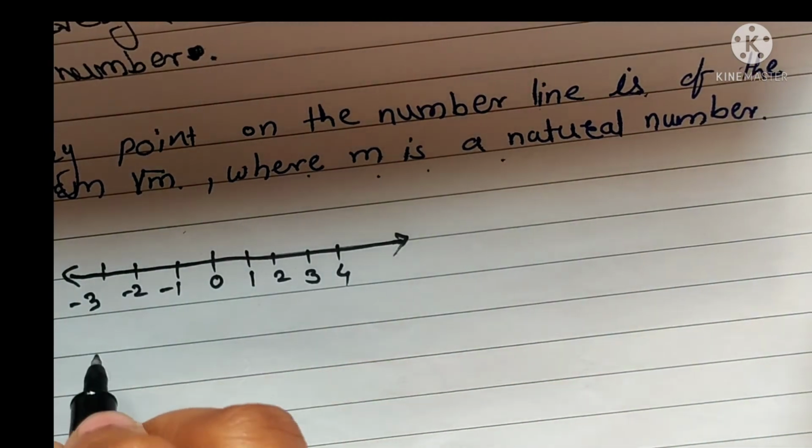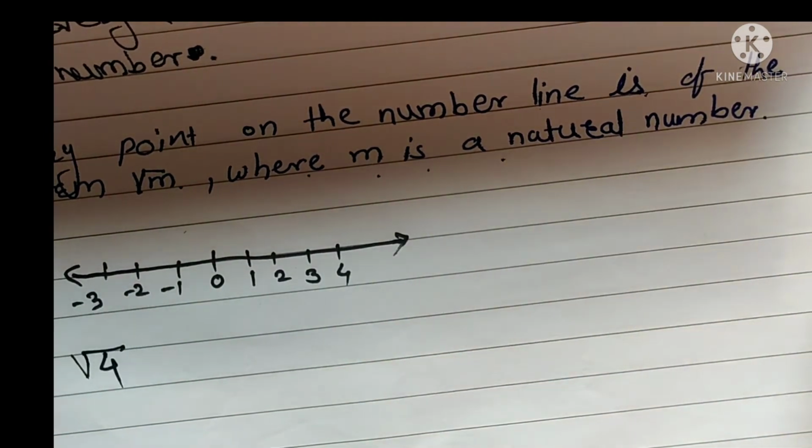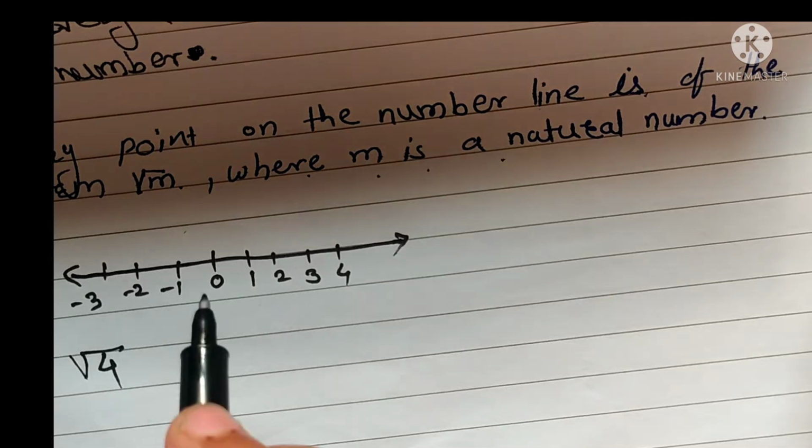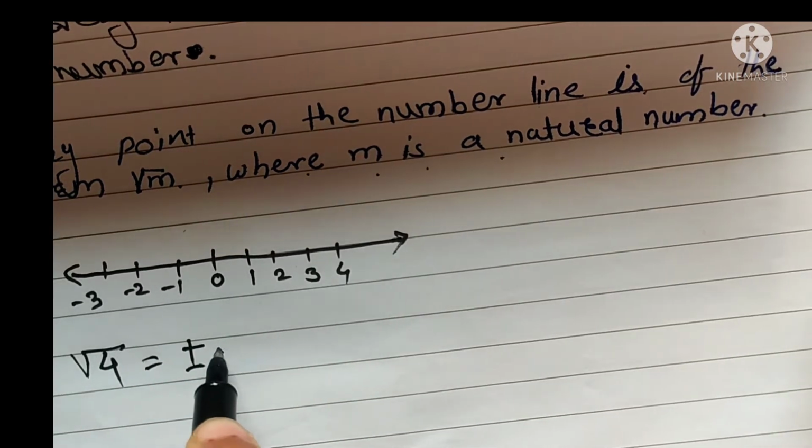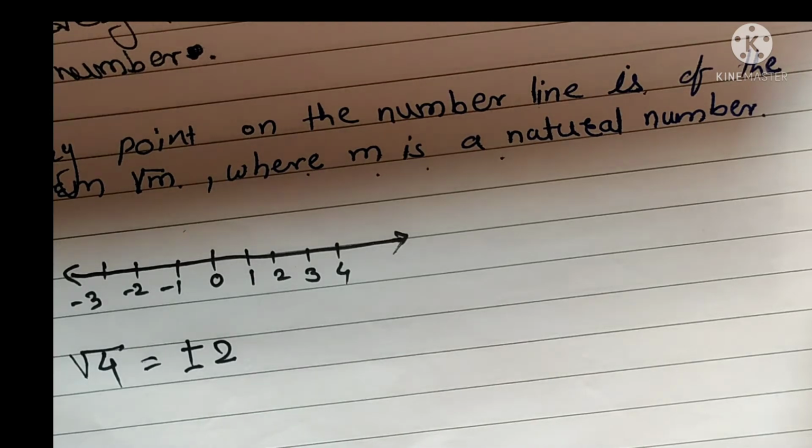For example, suppose root 4. Now 4 is a natural number written under the root sign. So root 4 becomes plus or minus 2. We know that for the root of any perfect square number we get a positive as well as a negative root.